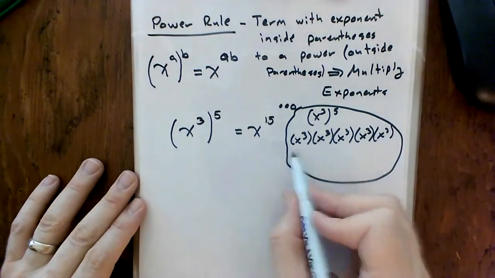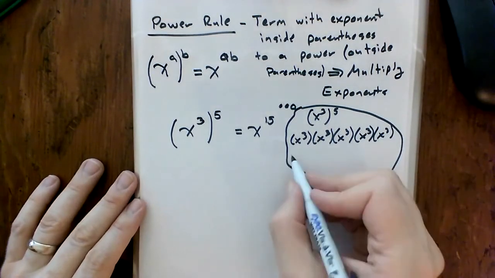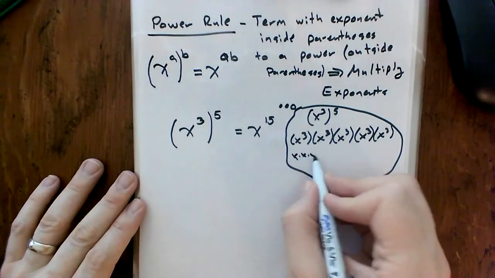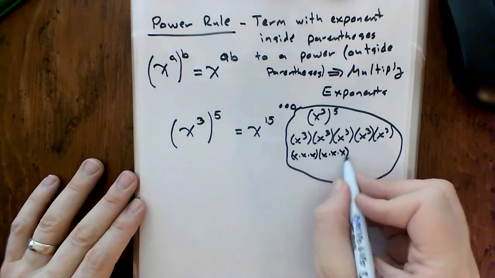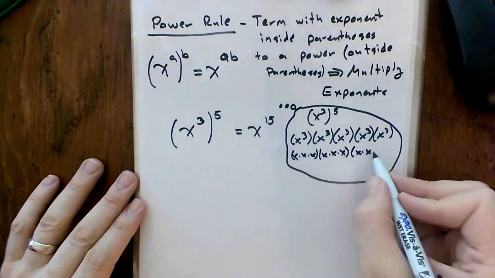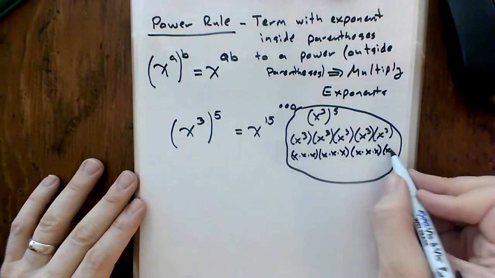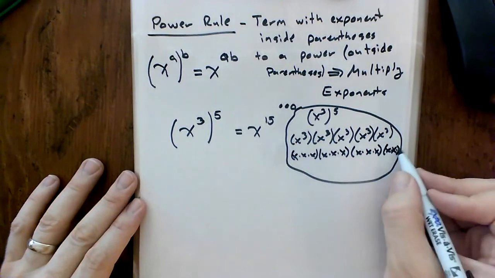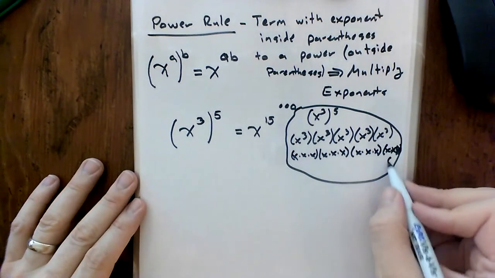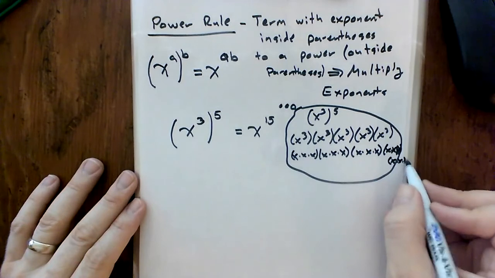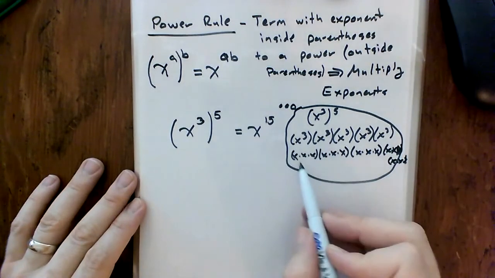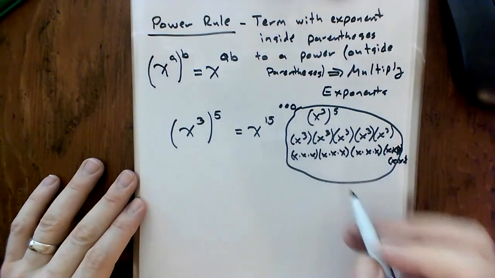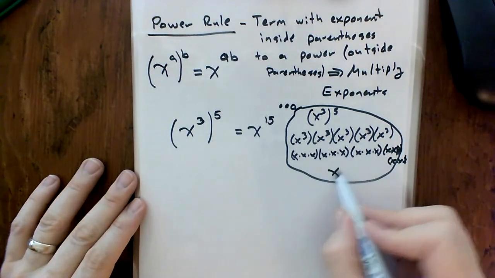And if I really want to be incredibly pedantic, I could say x times x times x, there's that first one, times x times x times x, and so on. I'm running myself out of space. So that's where we get to, then just count up 1, 2, 3, 4, 5, 6, 7, 8, 9, 10, 11, 12, 13, 14, 15. So I've got x to the 15th power.